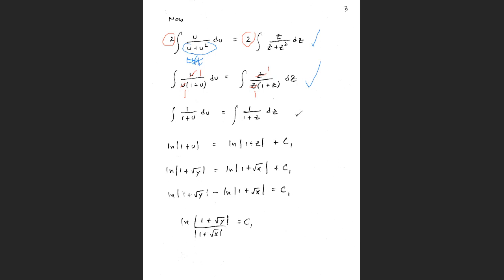Okay, good. And so then the antiderivative of 1 over 1 plus u is the log of 1 plus u. I do the same thing I did in the last problem, basically. Same kind of thing. And I get down to this step here.